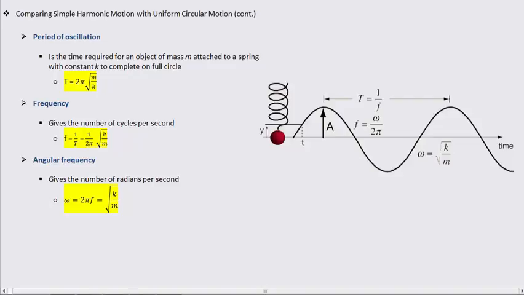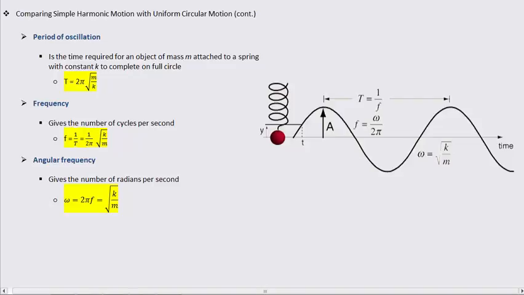Now, if we look at frequency, the frequency gives the number of cycles per second. And since we know frequency is just the inverse of our period, we can take our equation for the period of oscillation and take the inverse of it, which will give us the equation that the frequency is equal to 1 over 2 pi multiplied by the square root of our spring constant divided by our mass. And then finally, angular frequency gives the number of radians per second.